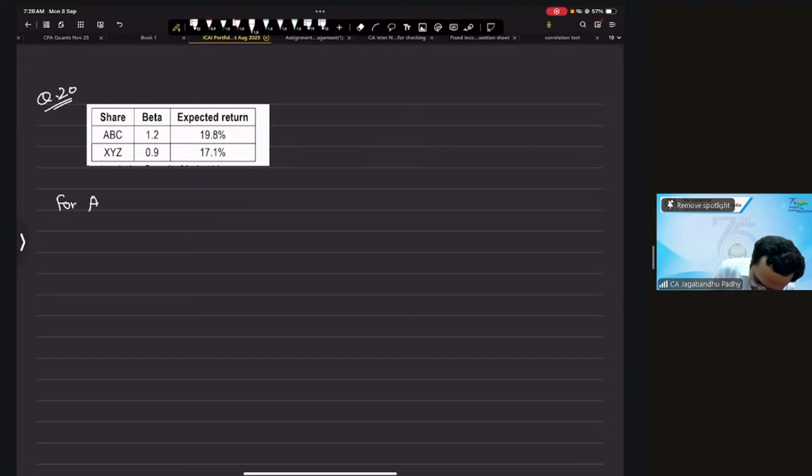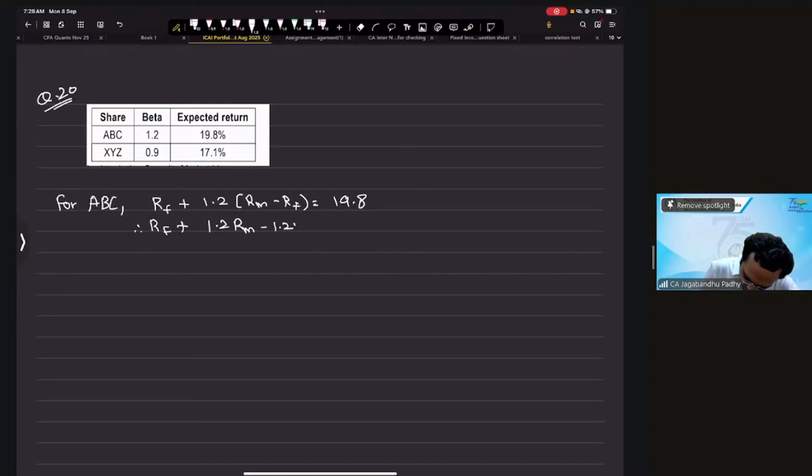So for ABC, it will be RF plus 1.2 into (RM minus RF) equal to 19.8, correct? So this will be RF plus 1.2 times RM minus 1.2 times RF is equal to 19.8.